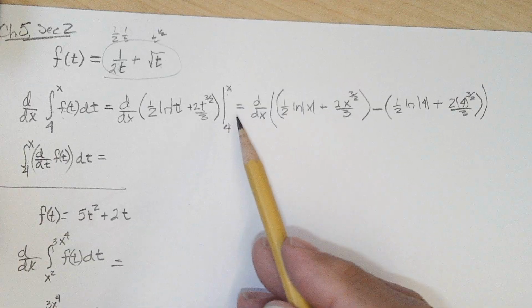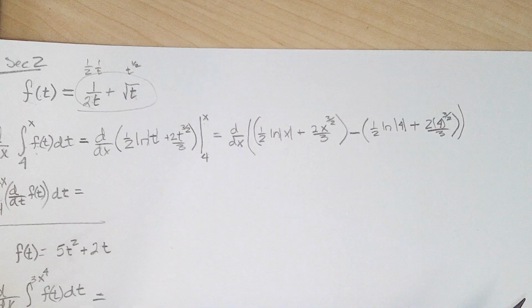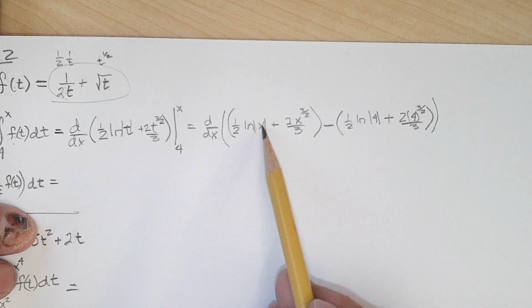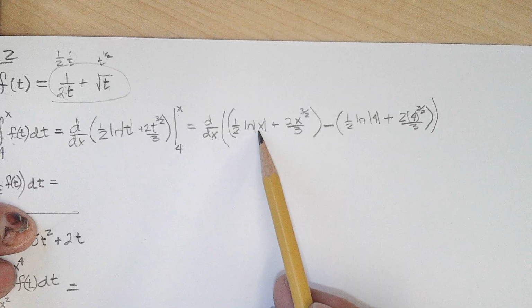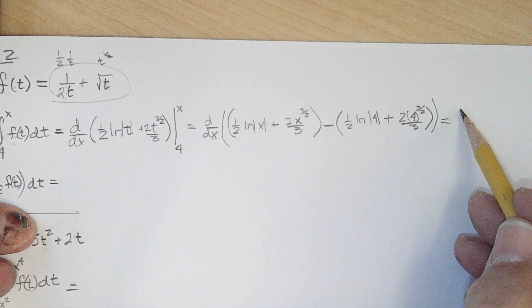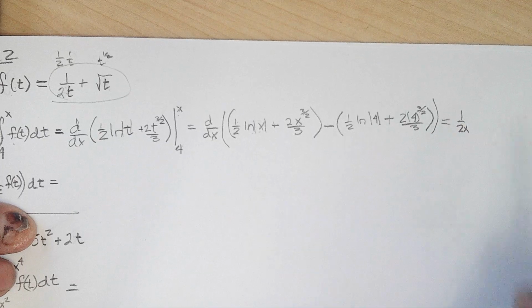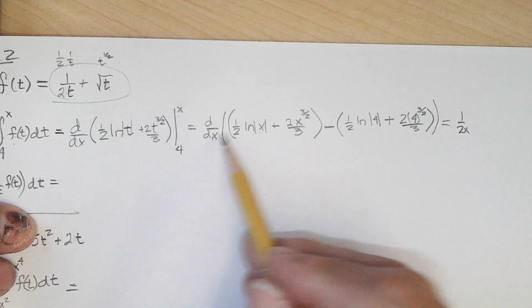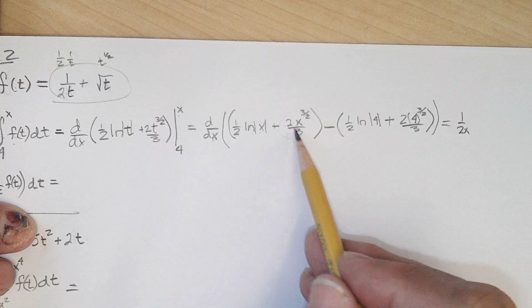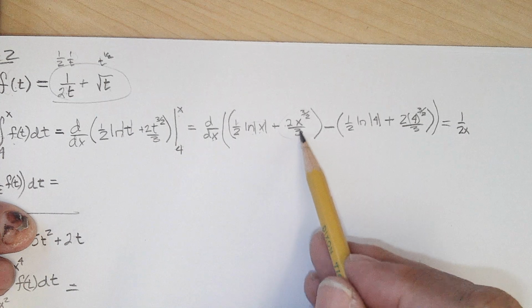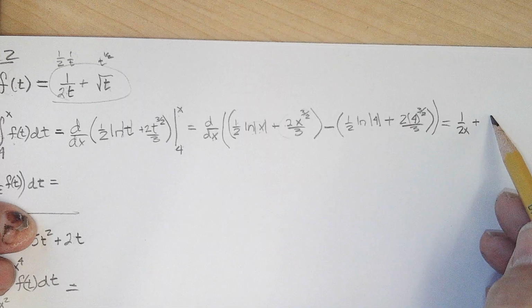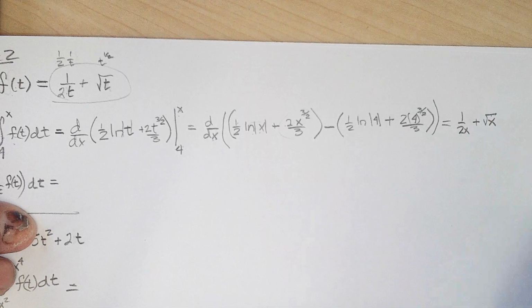Okay. Now we're going to take the derivative of this. So the derivative of ln of x is just 1 over x, so we get 1 over 2x. And for the derivative of this, we take the 3 halves down, so that would cancel the 2 thirds, and lower the power by 1, and so that becomes x to the 1 half, or square root of x.